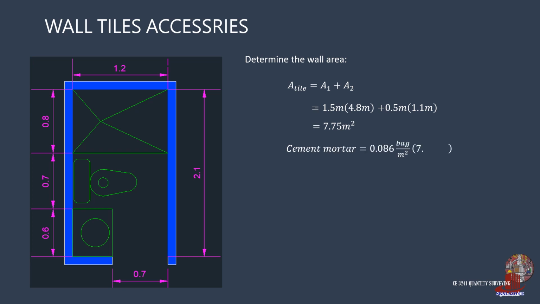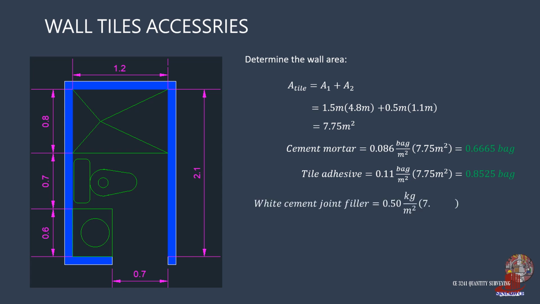The cement mortar is then the area multiplied by the factor of 0.086, giving 0.6665 bag. The tile adhesive as the factor of 0.11 is multiplied by 7.75, giving 0.8525 bag. The joint filler is then taken as 0.5 times 7.75, which makes 3.875 bags.